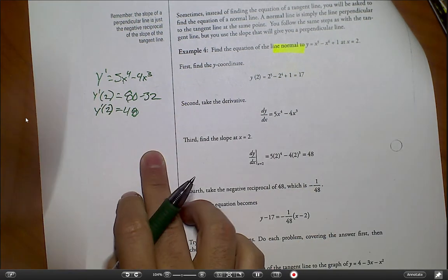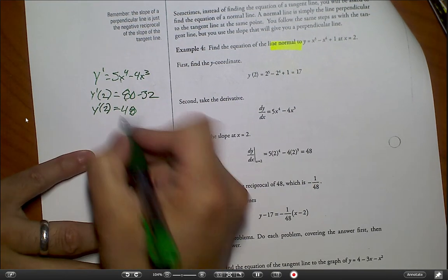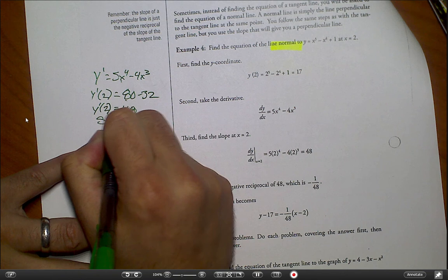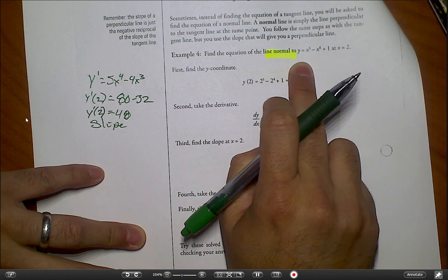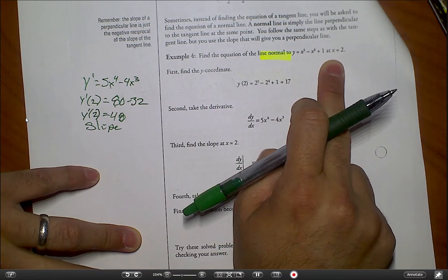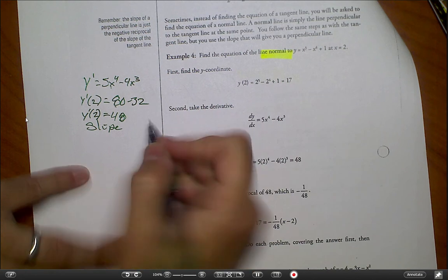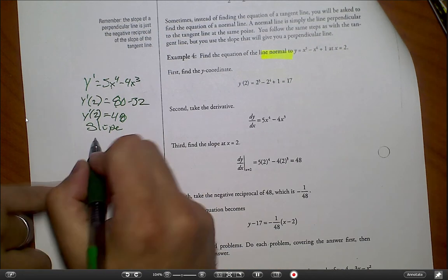So now this is the slope. This right here is my slope of my y at point x. Now what we need to do, so the slope is always rise over run.